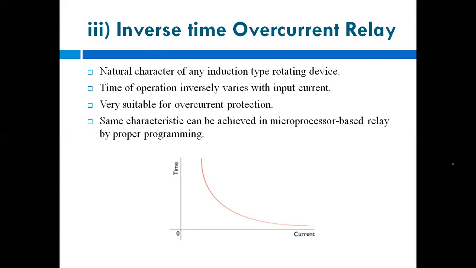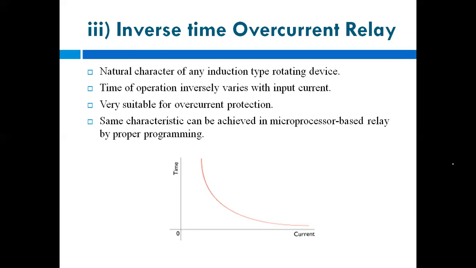The inverse time overcurrent relay has a natural characteristic, because when a fault occurs and current starts increasing, of course, if the value of current is more, the time required for operating the relay is less.